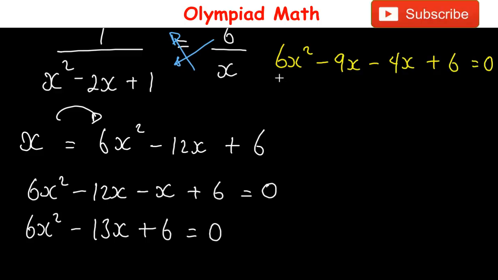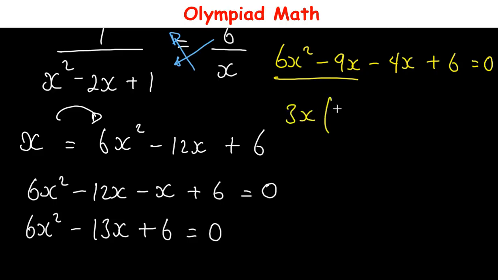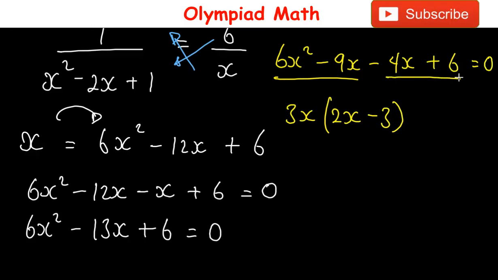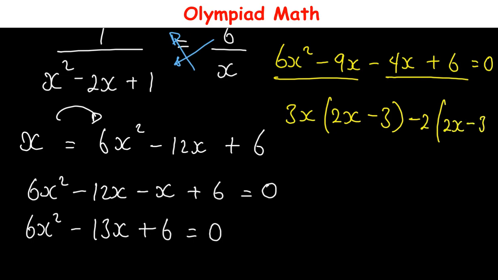Factorize out 3x from this, so 3x into brackets, we are then left with 2x minus 3. Factorize out minus 2 from this, minus 2 into brackets 2x minus 3, and this is equal to 0. So we have a common factor, which is 2x minus 3.